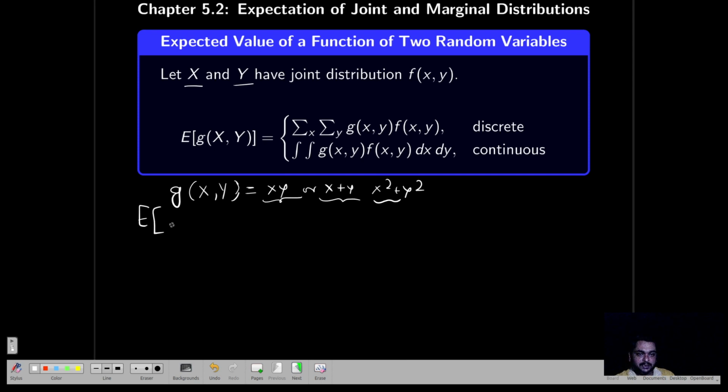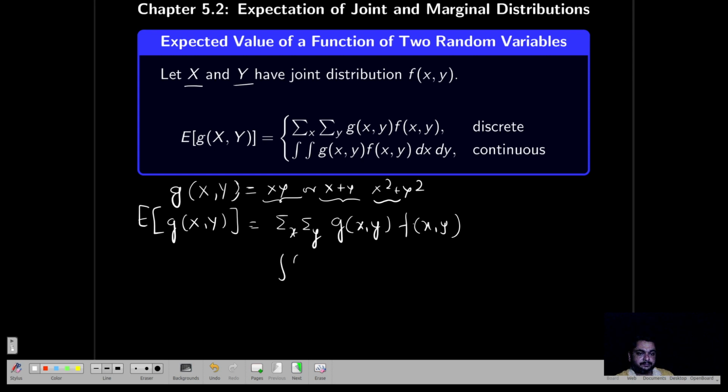Now how will you find the expectation of these joint variables? It is the same thing: summation over x, summation over y. In the previous case, single variable, you just wrote x into f of x. Here there are two variables, so the function and then the joint probability function for the discrete case.